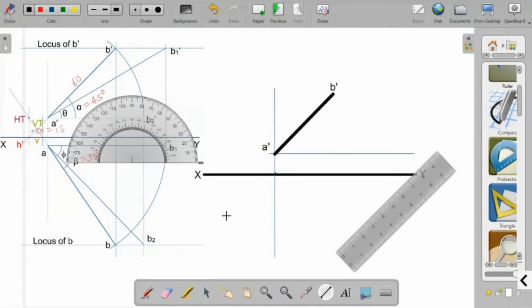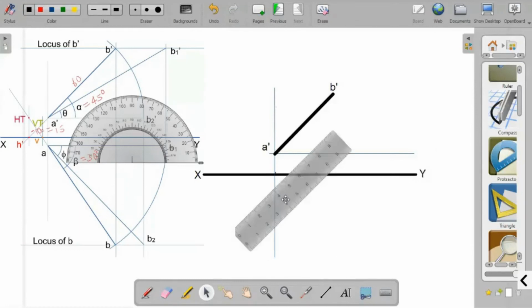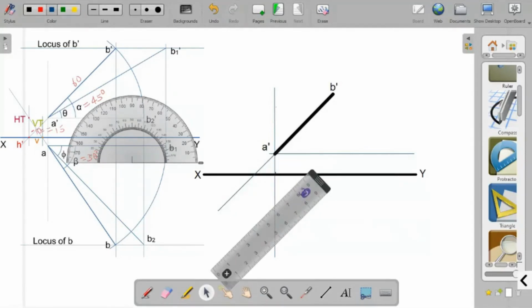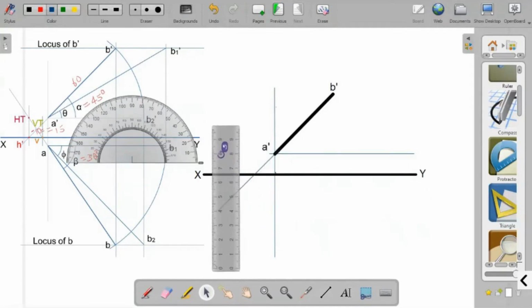Now what I need is to extend this line, so that I can get the VT on this line. The VT should be 10 millimeter below the XY line.